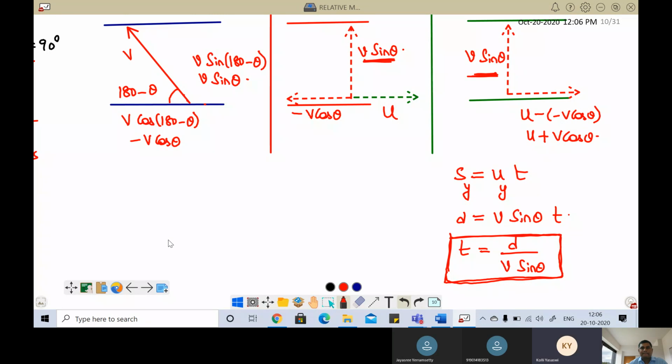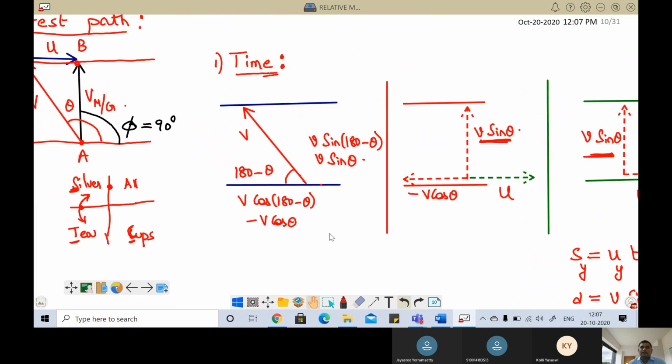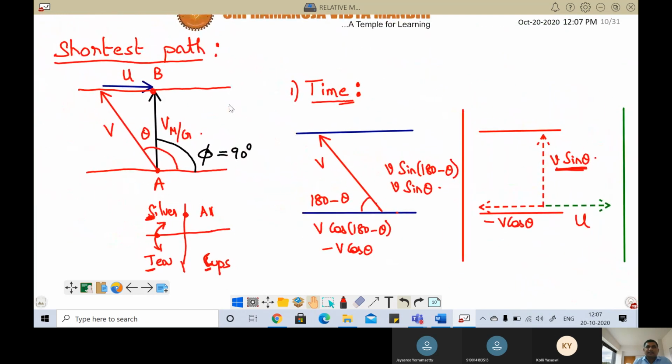Sir, we got the same thing, d by v sin theta. Previously also we got d by v sin theta. Okay. Now here one thing we have to understand. Now see here. When we want to cross the river in the shortest path, the velocity of man with respect to ground is in which direction?